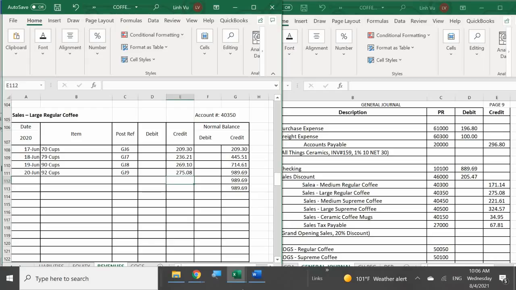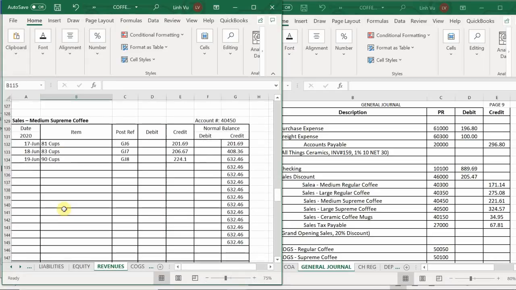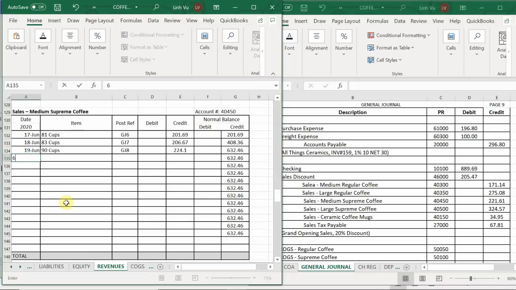The next one is your sales medium supreme coffee, 89 cups, 821.61, for a running balance of 854.07. 85407. Good.